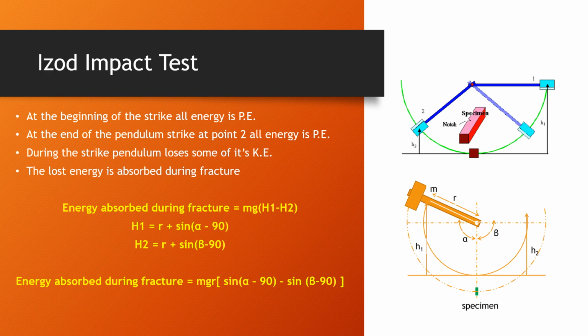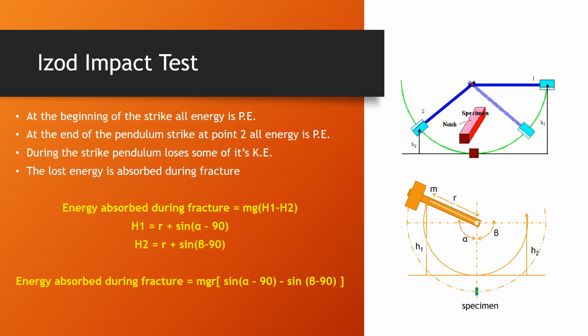So how does an isotope impact test work fundamentally? You can see that when the hammer is at position 1, the initial position before the strike, all the energy on the hammer is potential energy.